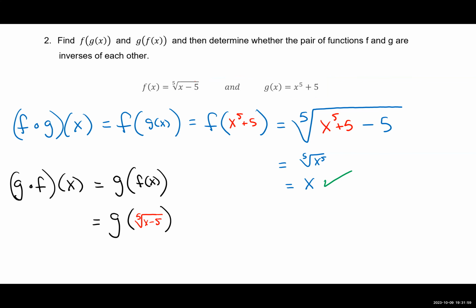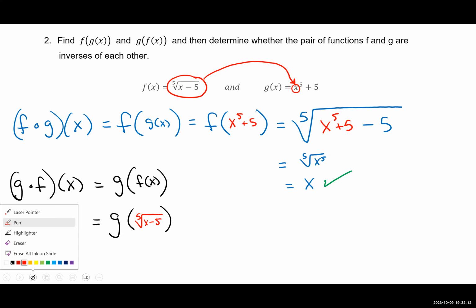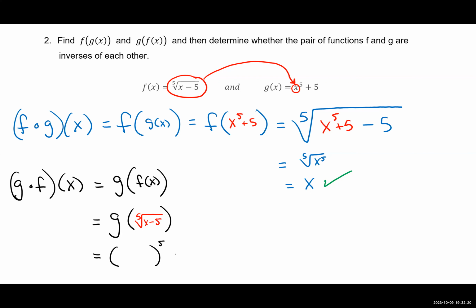So that means we're taking the entire f function and plugging it in to replace that x in the g function. Okay, so that's x to the fifth plus 5. So that will be the f function to the fifth plus 5.